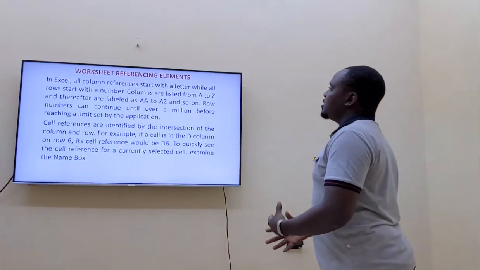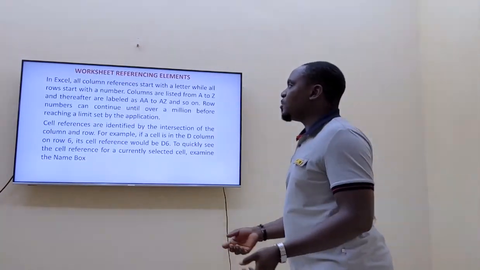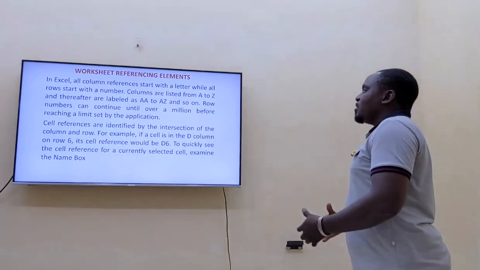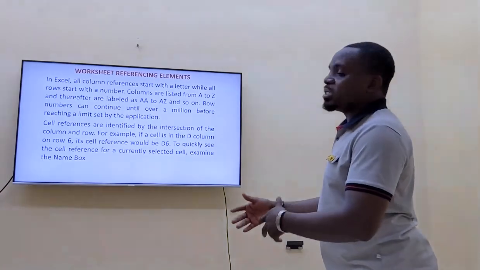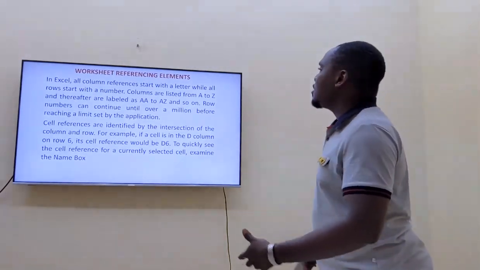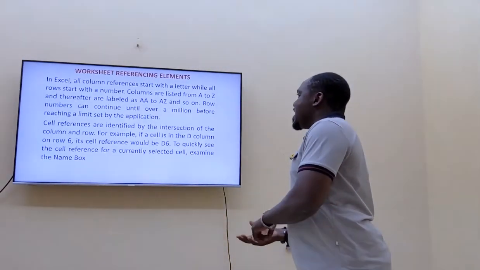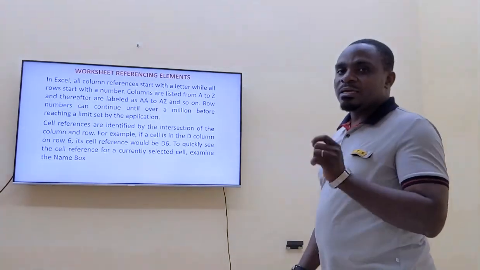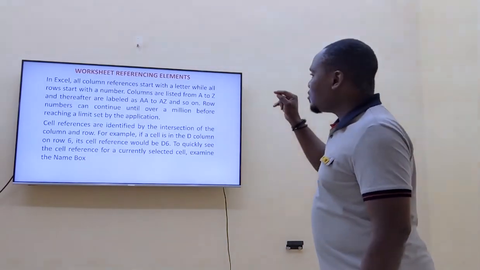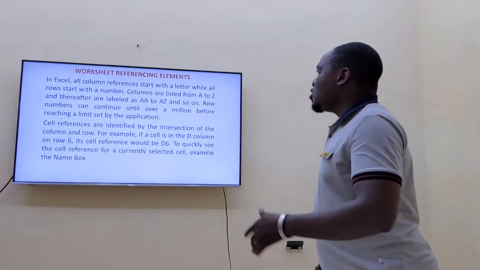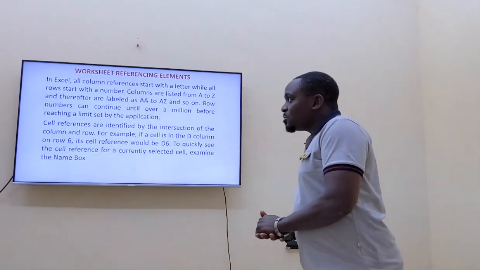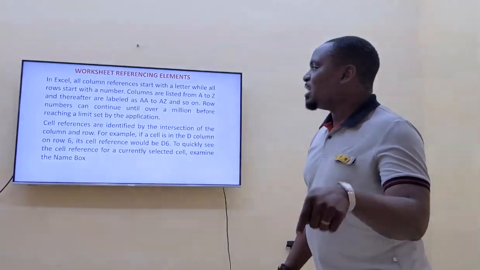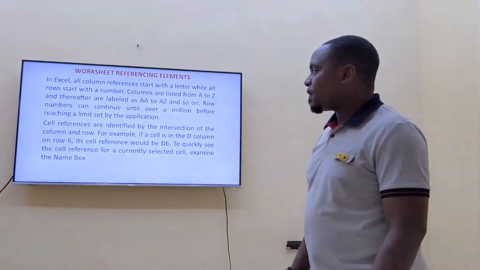Now, worksheet referencing elements. In Excel, all column references start with a letter while the rows start with a number. We talked about it. Columns are listed from A to Z and thereafter are labeled as AA, AB, AC, down to AZ, and so on. Rows can be continued until over 1 million before reaching a limit set by the application.